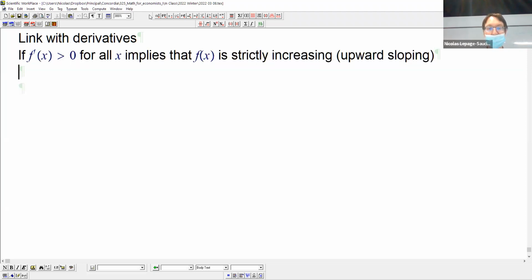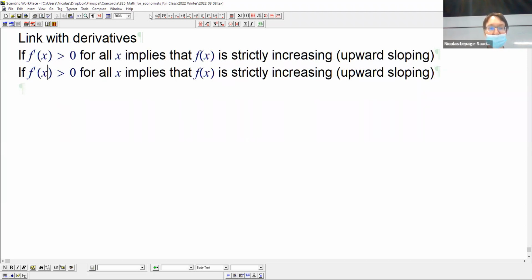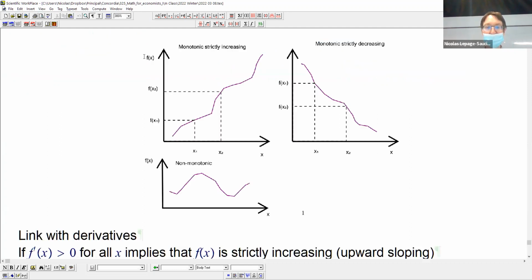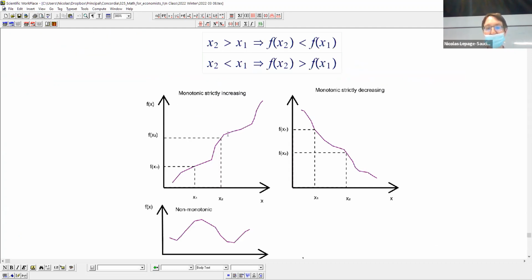And if the derivative is negative for all x, that implies that f of x is strictly decreasing, so downward sloping. If you take the derivative anywhere, here the derivative is always positive, the slope is always positive. Here the slope is always negative. And here sometimes you have a positive, sometimes a negative slope.